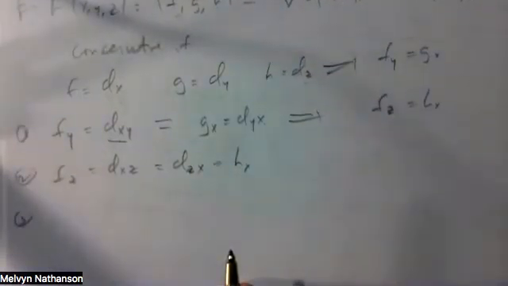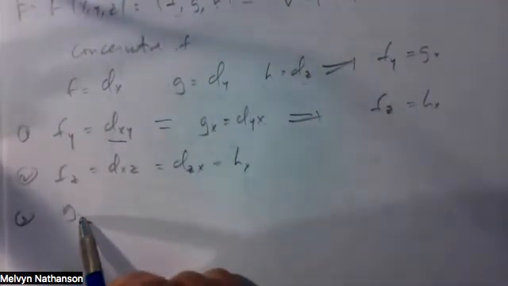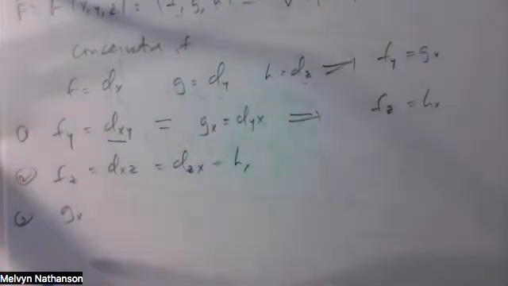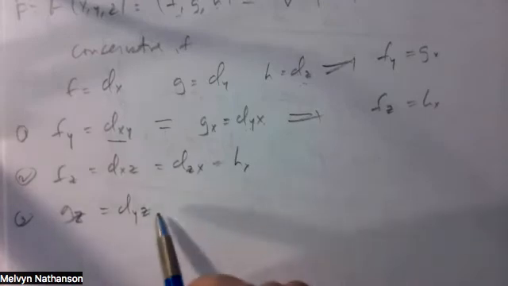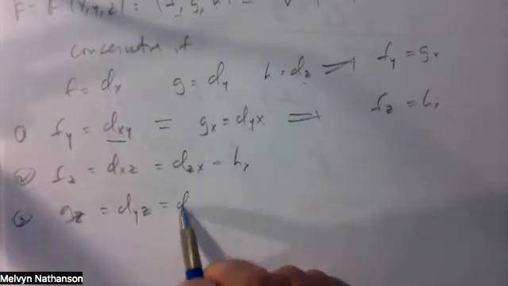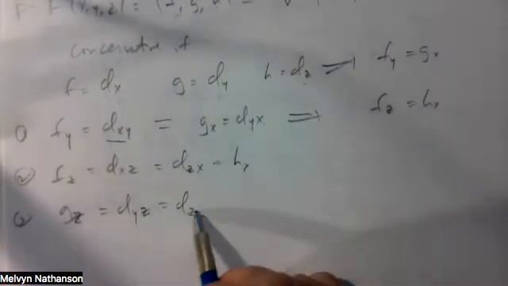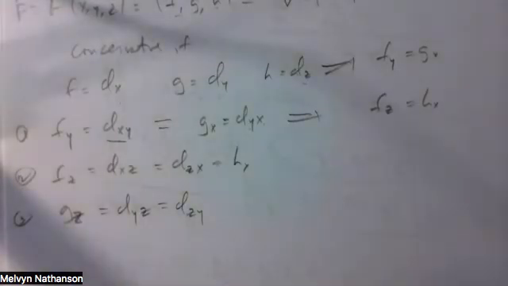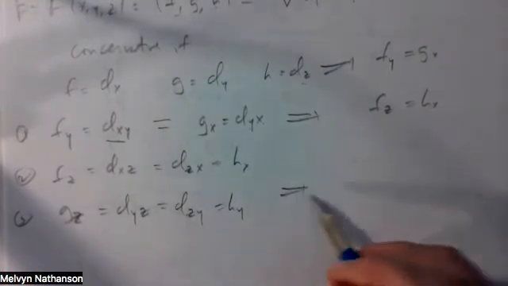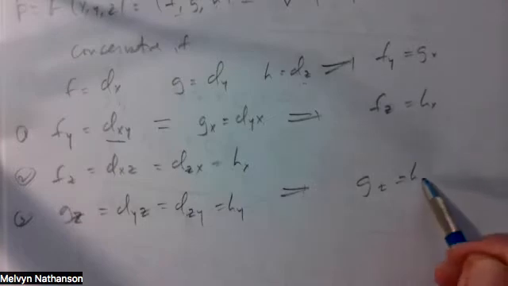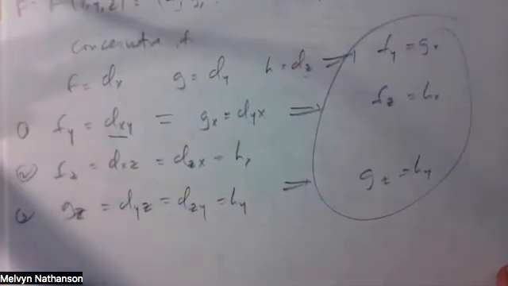And the third condition that has to be satisfied is if I take G and differentiate with respect to Z, that's the partial of phi with respect to Y and then differentiate it with respect to Z, which again, if the second derivatives are continuous, is phi differentiated with respect to Z and then with respect to Y, which is H differentiated with respect to Y. So we get the partial of G with respect to Z equals the partial of H with respect to Y. So if your vector field is conservative, these three conditions have to be satisfied.